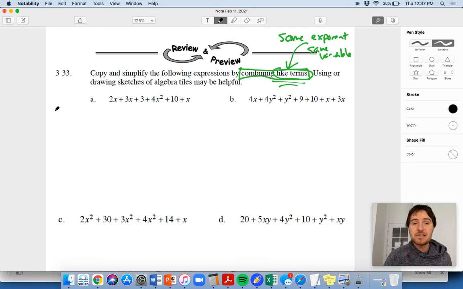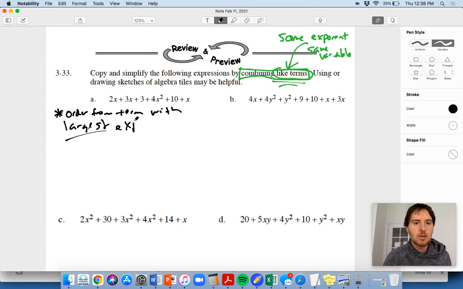So one thing that I'll see here, special bonus, is that we want to order from the term with the largest exponent to the smallest exponent.